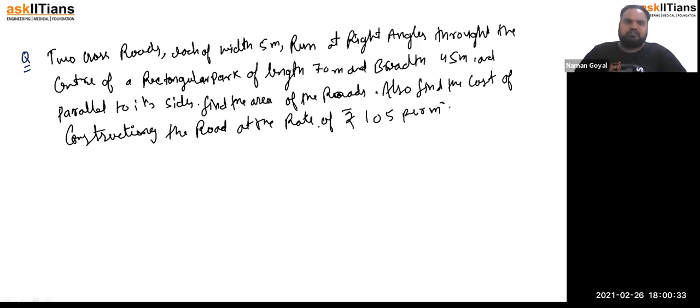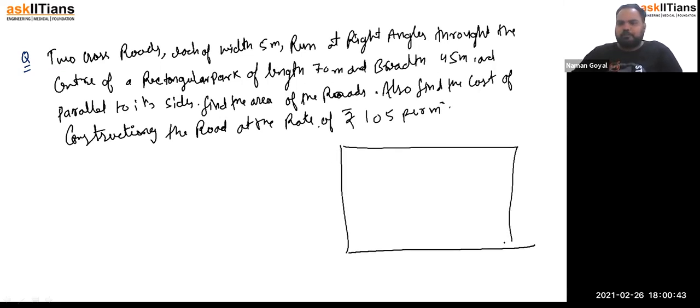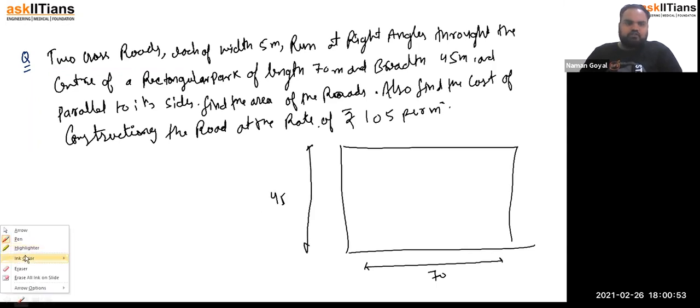Now see, there are two crossroads, each of 5 meter, in a rectangular park. So there is a rectangular park. This will be 70 and this will be 45. Now there are two roads like this.